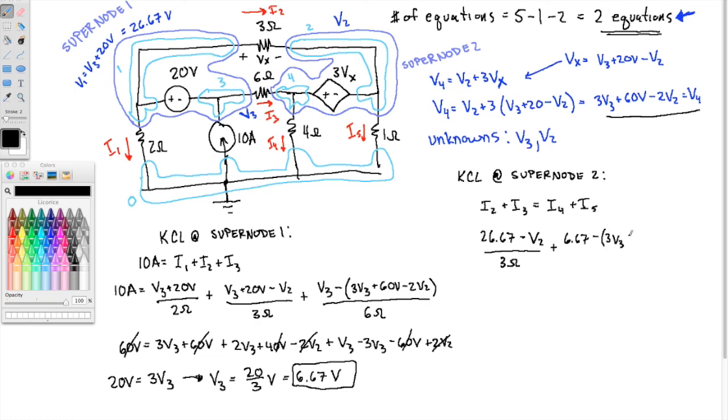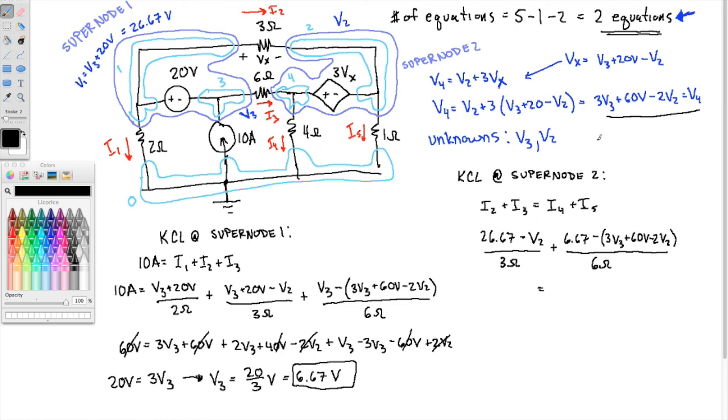V3 plus 60 volts minus 2V2, and all of that over 6 ohms equals I4 plus I5. So I4 is the voltage at node 4 minus 0 over 4.